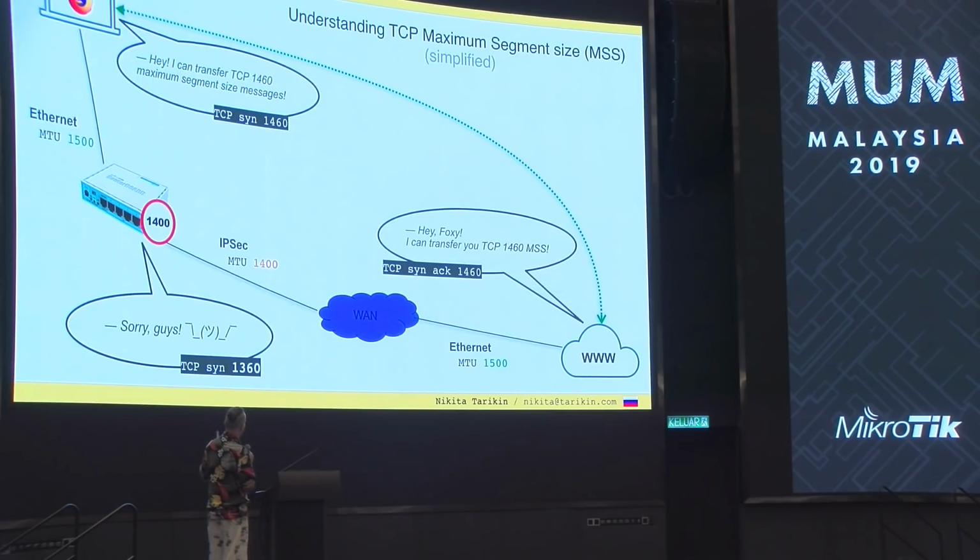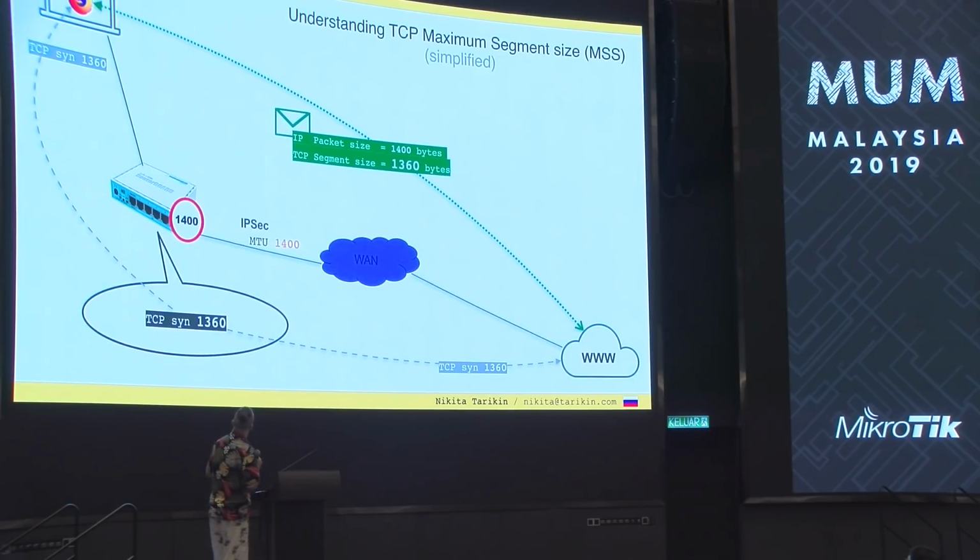So with MikroTik, you can intercept this TCP flag and reduce it. Next slide. That's what you can do with a MikroTik router to help them negotiate the proper maximum segment size. Your browser sends 1,500.